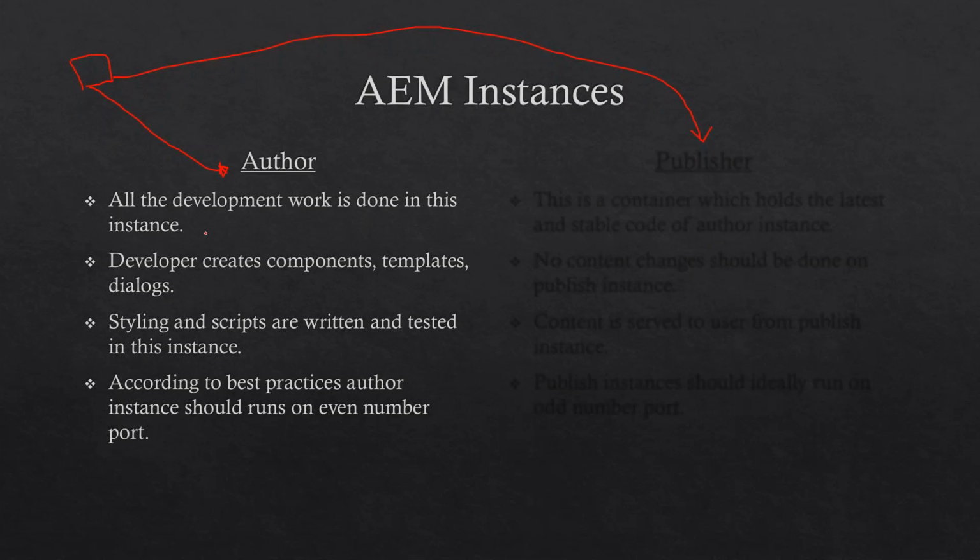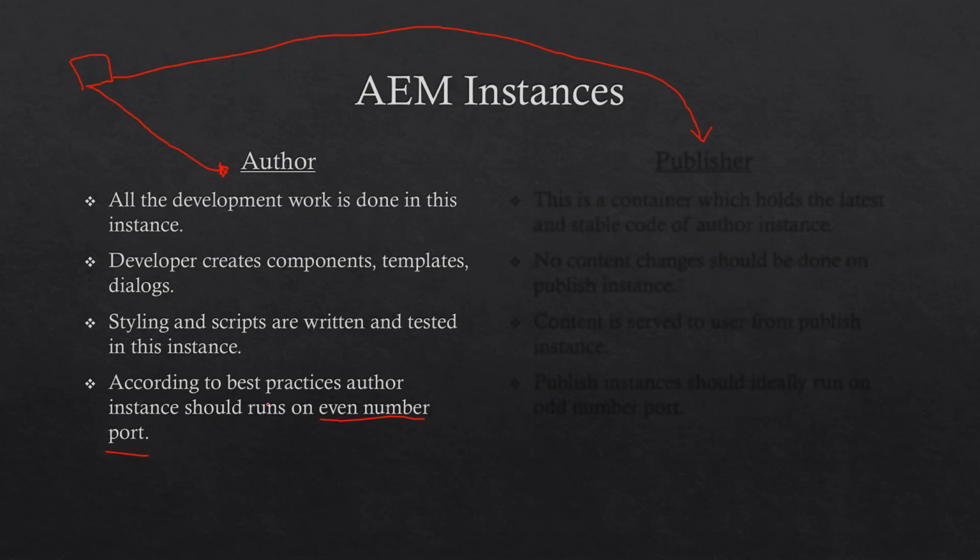Now, author is the place where all your development work would be done. Any component, any template, any workflow, any dialogue, design dialogue, any library, anything that you want to develop would be developed inside author, tested inside author. And the best practice is that author should be running on an even port number. Just remember this.